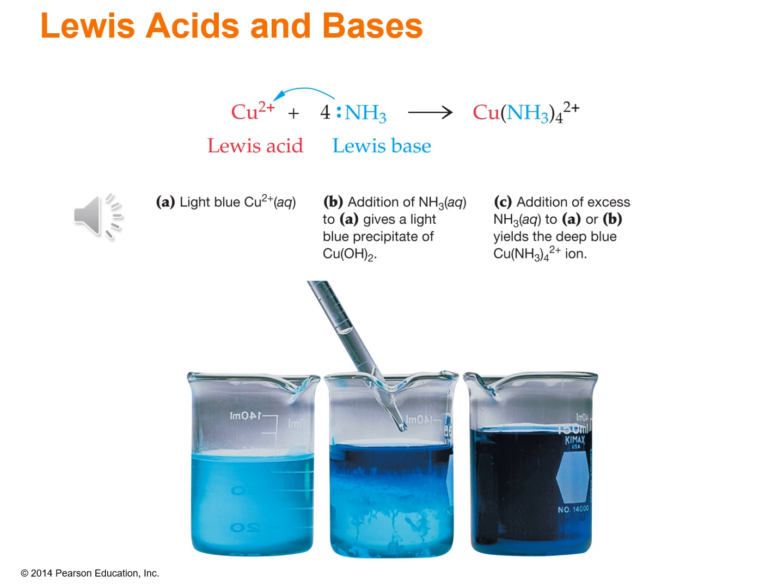The reaction of copper 2+ ion with ammonia is a Lewis acid-base reaction in which each of the four ammonia molecules donates a pair of electrons to Cu2+ to form a deep blue color.